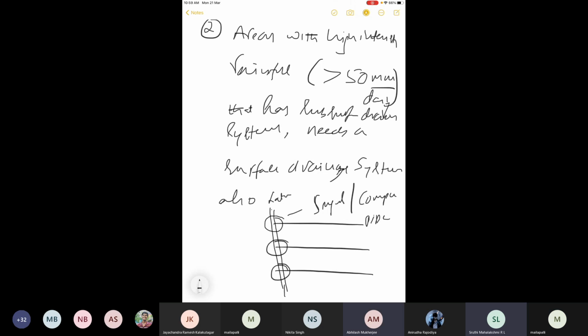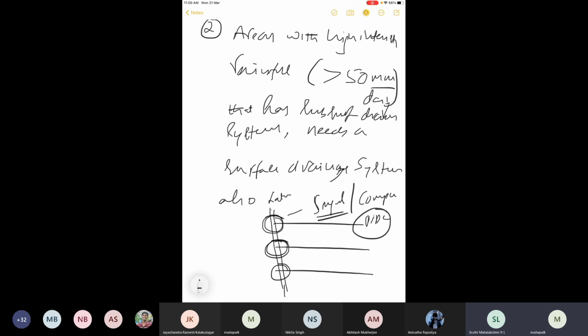Okay, sir. So the layout will be there. We are not going to change the layout, but how the field drains and the collector join, how they are joining, that is using a singular system or a composite system.